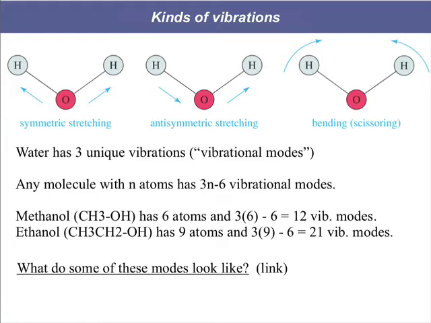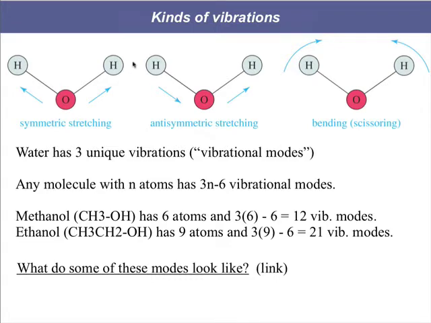Many molecules will have a wide range of vibration modes. We call them vibrational modes. For example, if we look at water, water's got two bonds. You can imagine these different bonds stretching and compressing in different patterns. You could have symmetrical stretching, where both of the bonds are stretched and compressed at the same time.